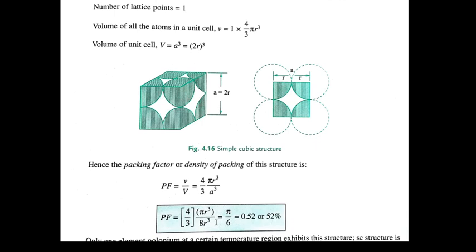52%. उसका मतलब क्या? उसका मतलब ये हुआ कि ये जो सिंपल क्यूब है उसमें 52% जितनी जगह एटम ऑक्यूपाइड कर रहा है, और बाकी की जगह में खाली जगह है, which is shown by a white portion. Can you see this?